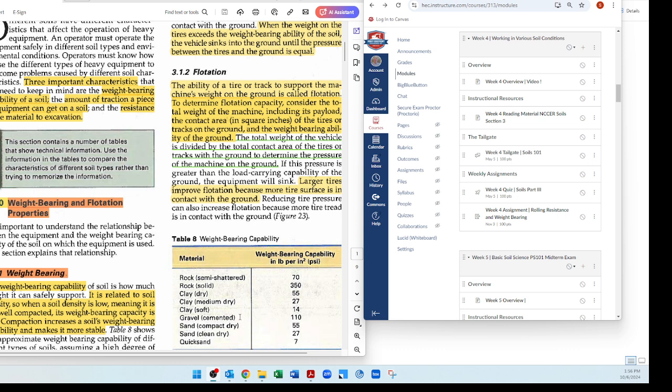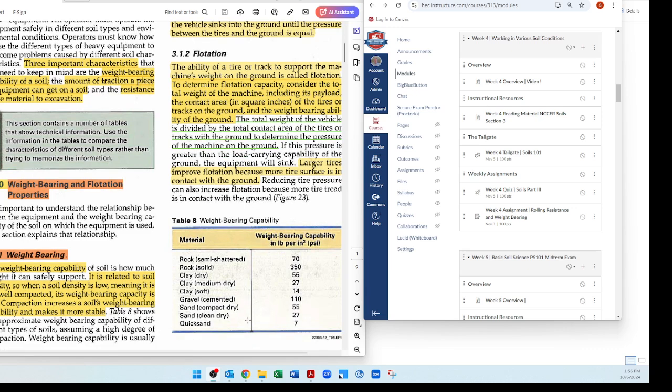Now, if it was cemented gravel, we would be okay with a weight-bearing capacity of 52 pounds per square inch. So now you see what we have done to get the pounds per square inch, and then compare it to the rating for this type of soil.